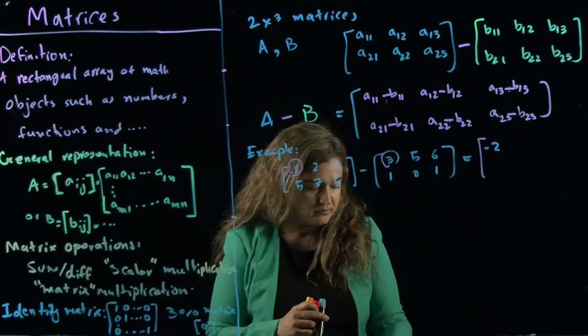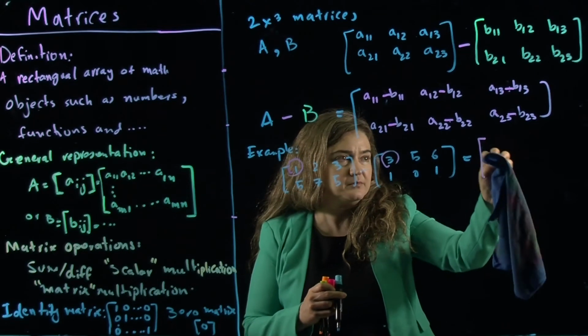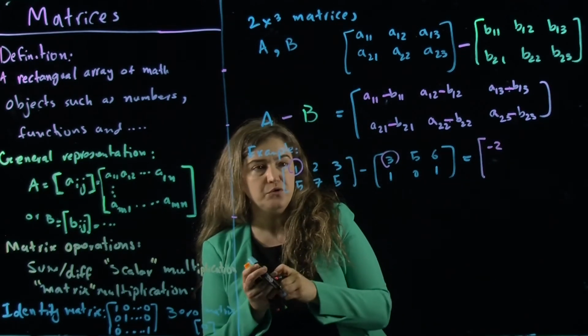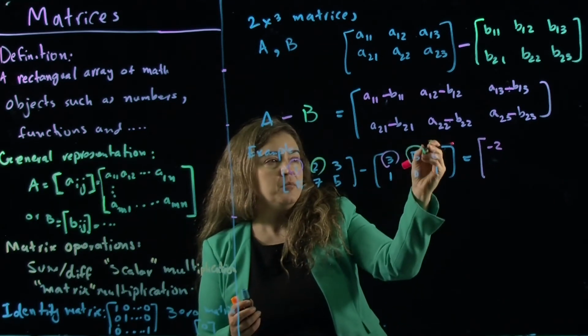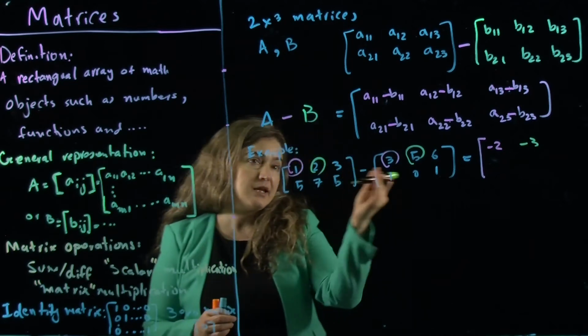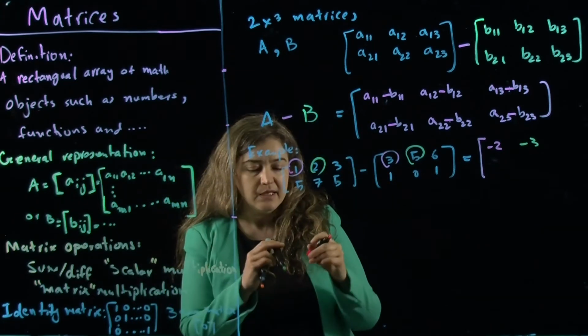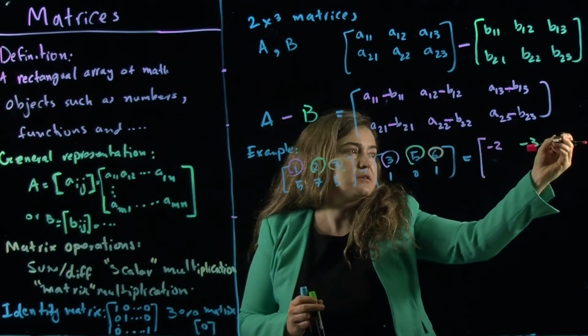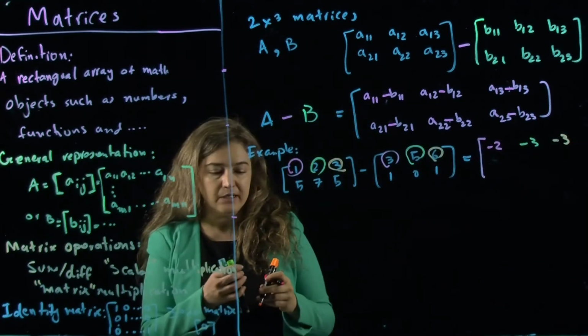Then 2 minus 5 goes to the second column of the first row. Then 3 minus 6 goes to that one.